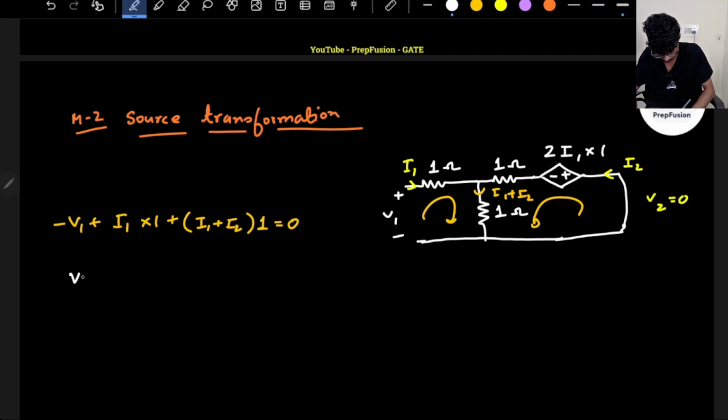So V1 will be equals to 2I1 plus I2. Okay, and what about the output KVL? This was KVL 1. Now KVL 2.